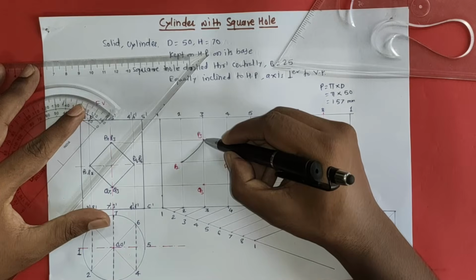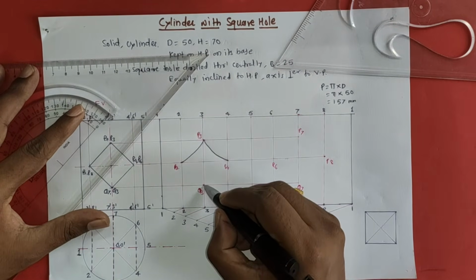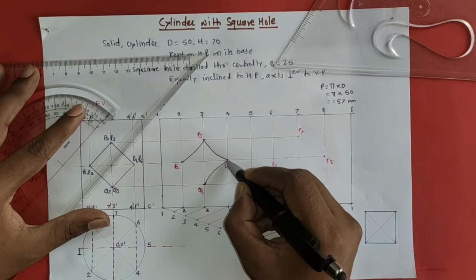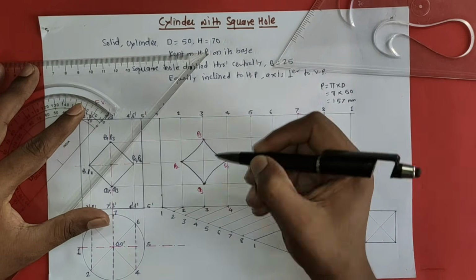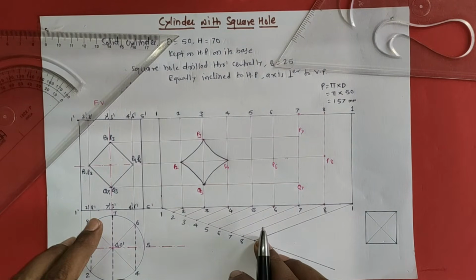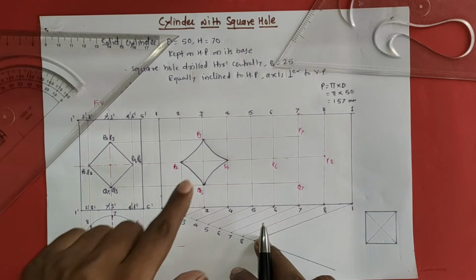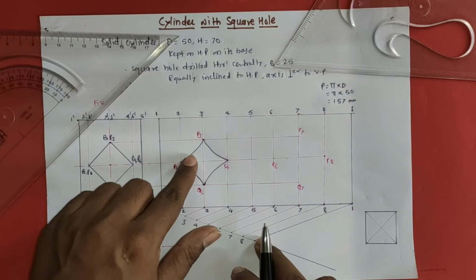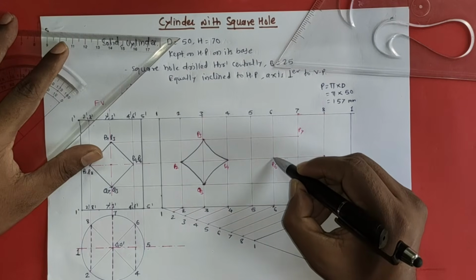Then P3 to P4, use a French curve to join these points with a curve. For more accurate results, you can do 12 parts of the circle here. As you are doing 12 parts, you will get a midpoint here, and with respect to the midpoint you are going to join.